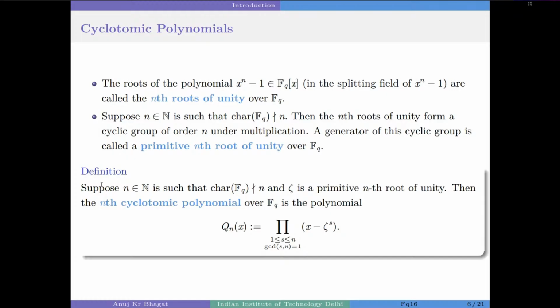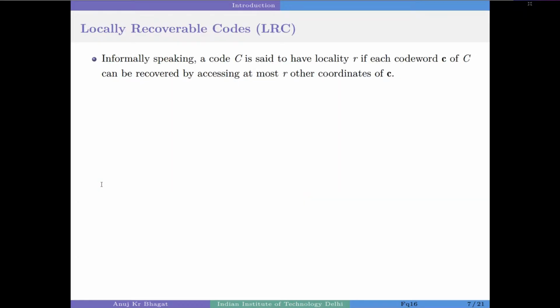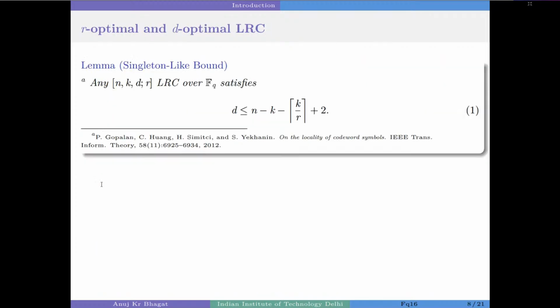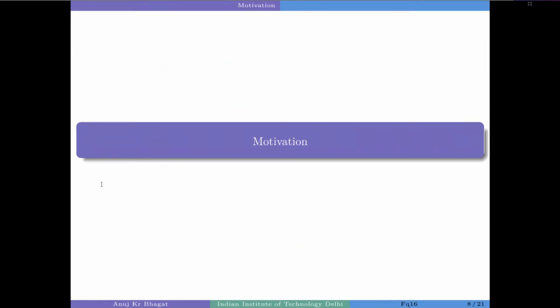It has very nice properties: all its coefficients actually lie in the base field Fq, and it is a divisor of x^n minus 1. I'll come back to this later. I'll just simply say this: the cyclotomic polynomial Qn(x) is a divisor of x^n minus 1.